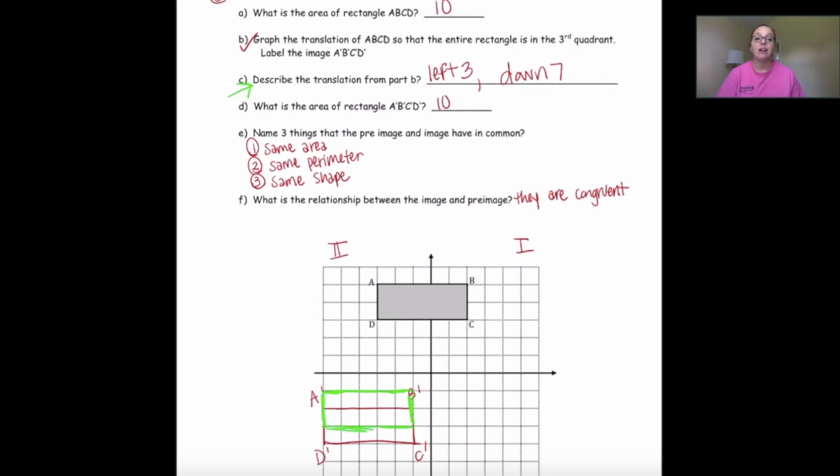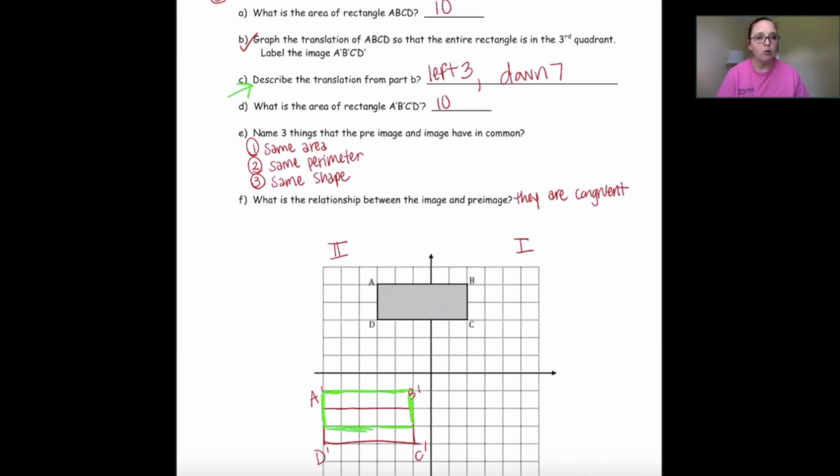And then it said to name 3 things that they have in common. So both rectangles will have the same area. They would also have the same perimeter. Perimeter is the distance around a figure. And of course, they both have the same shape. They're the same type of rectangle. In this case, they're both 2 by 5 rectangles. And so this pre-image and image are in fact congruent.